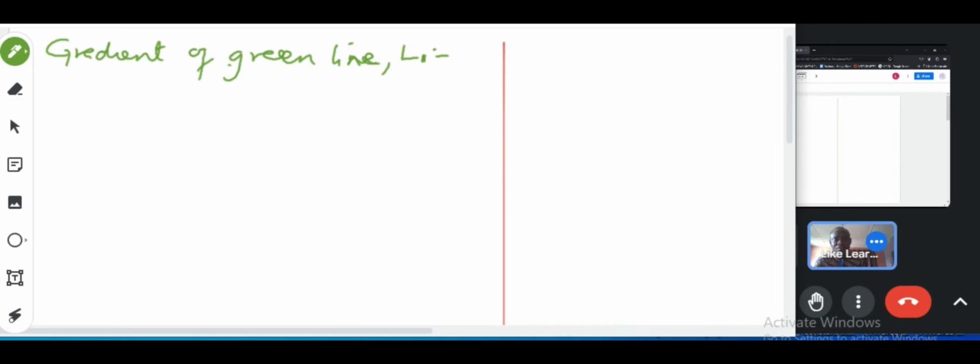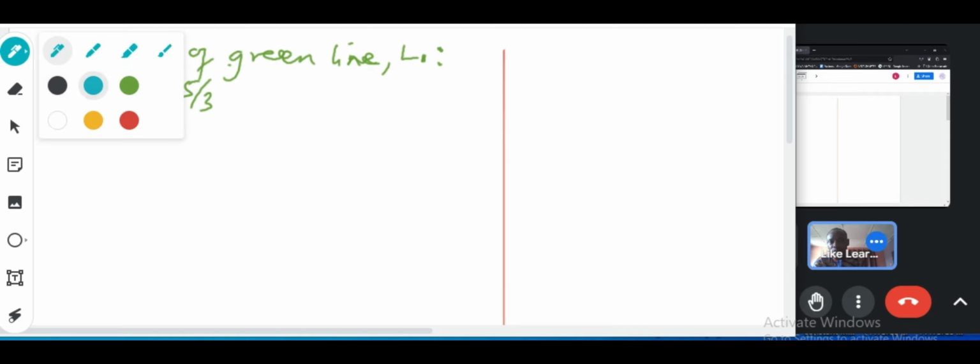Yeah, I get you. 5 over 3. Gradient of green line L1, the gradient M1 is 5 over 3.